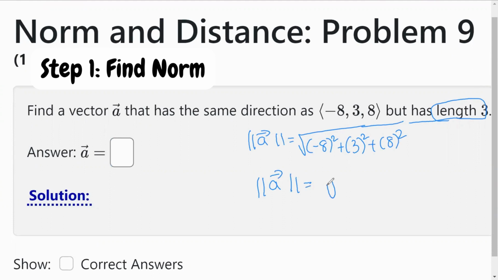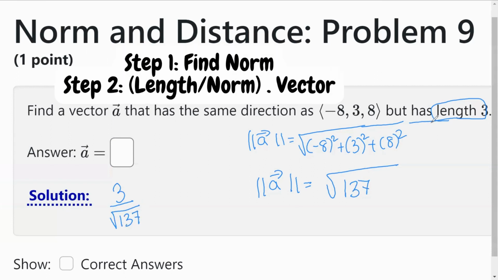So if I take the square root of 64 plus 9 plus 64, it's going to be square root 137. And we know the norm. So how do we find the vector? We use the same rule as the unit vector, with one little bit of difference. Now I do 3 divided by the norm, because they say that my length is 3.